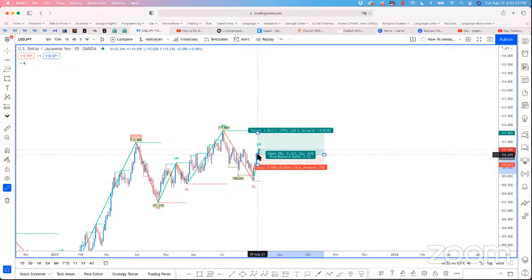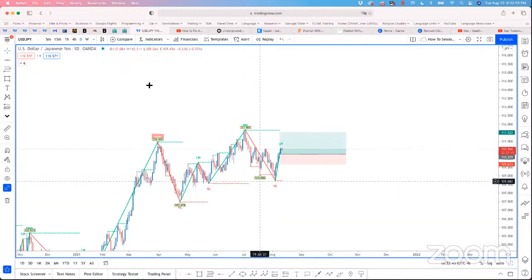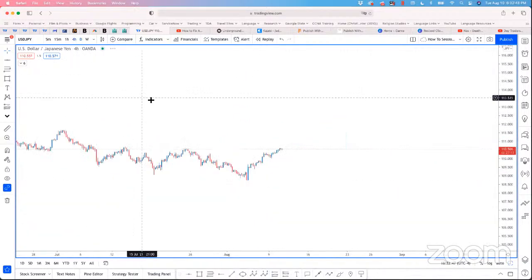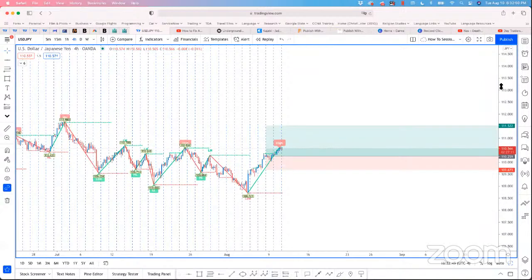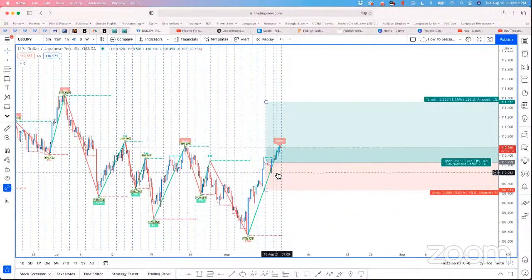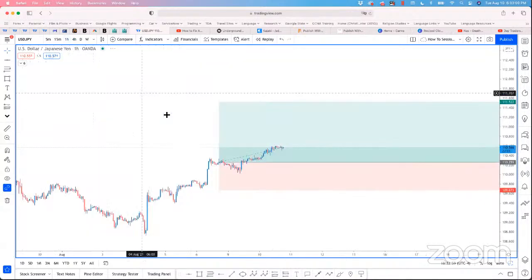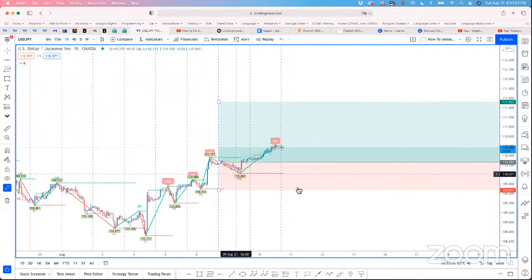I think I got in that one yesterday. I got in on the pullback. It might have pulled back into an order block or something like that, and I got in on that trade on a pullback in the lower time frame.